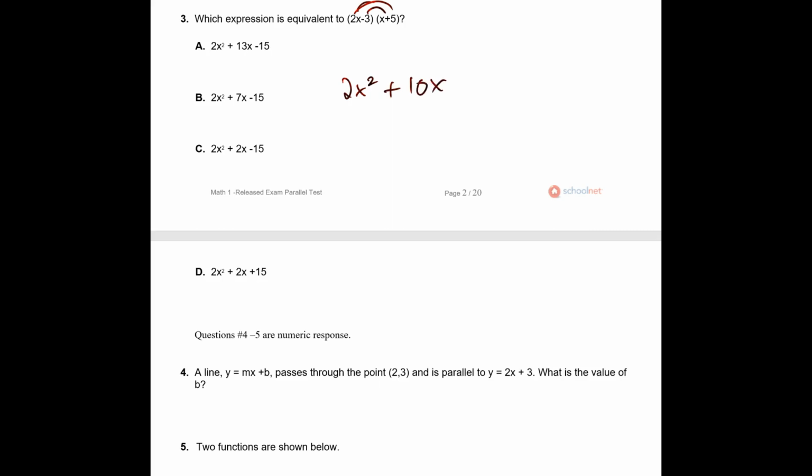Plus 10x, and then minus 3x minus 15. Combine like terms, so we get 2x squared. Oh, that moved all the way down. Stop acting weird. 2x squared plus 7x minus 15 is B. All right, so let me do something real quick by pausing this video so I can undo what was done.